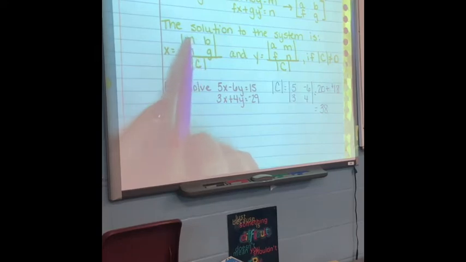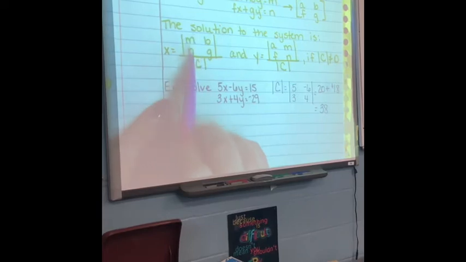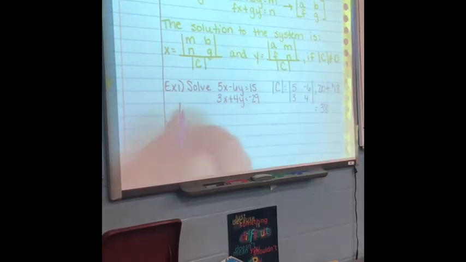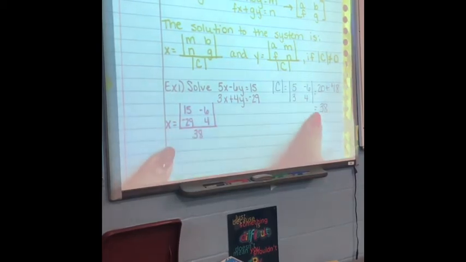Right here, when I put the m and n in, I'm putting them in position of where the x coefficients were in my coefficient matrix, right? When I'm doing the y, I'm putting the m and n where the y coefficients are. Is everybody with me? Okay. So here I'm going to have 15 and -29 as my m and n. And then I'm going to take the y coefficients, and I'm going to divide that by the 38, this number that I just got.